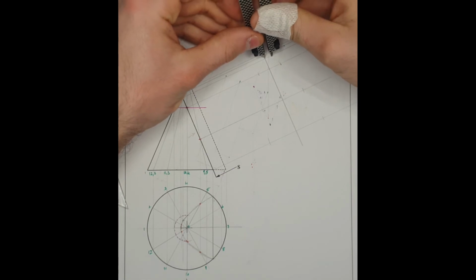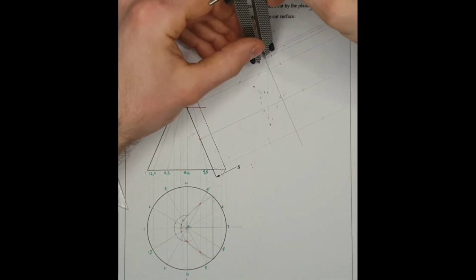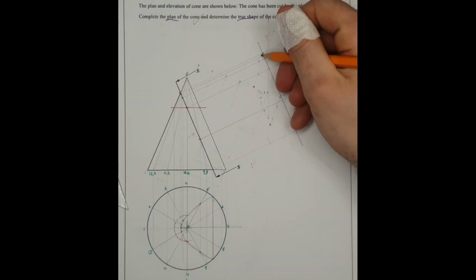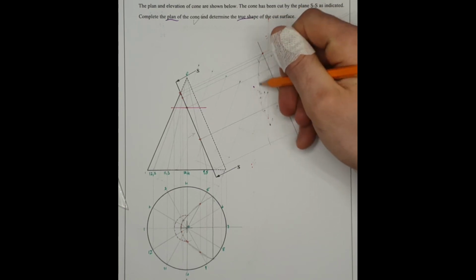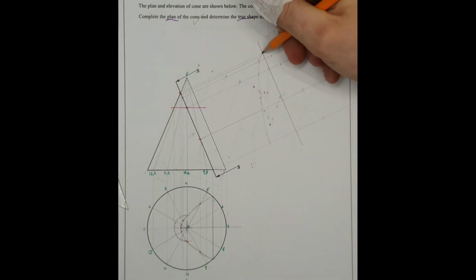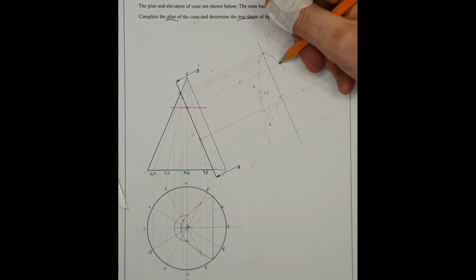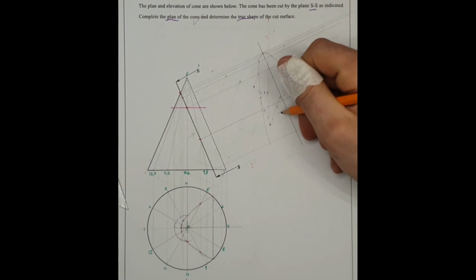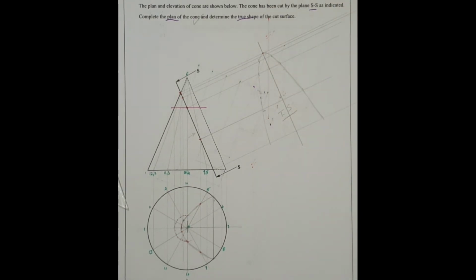Once I have those two, I'll just drop in the curve. There's no real advantage to having extra points up here now. And there's my true shape right there. So, true shape of the cut.